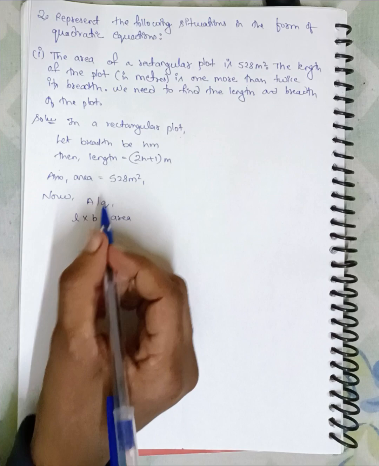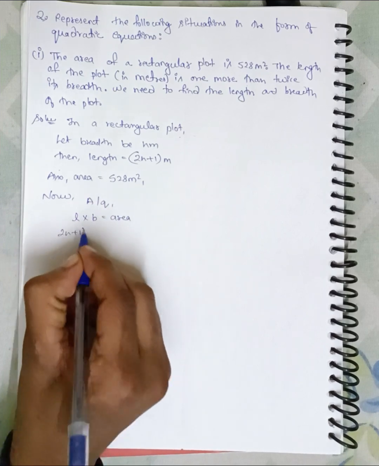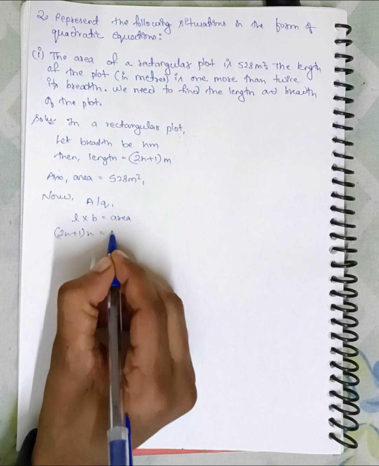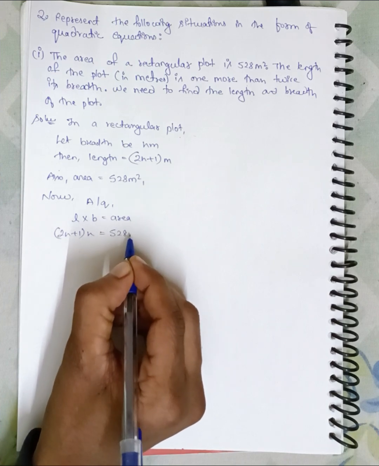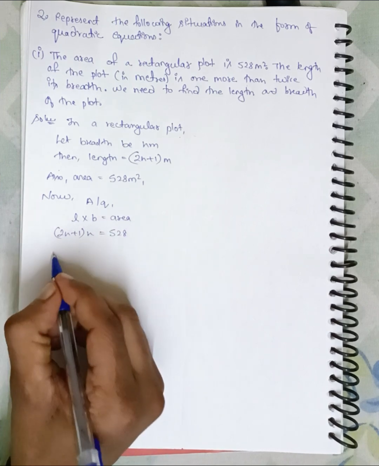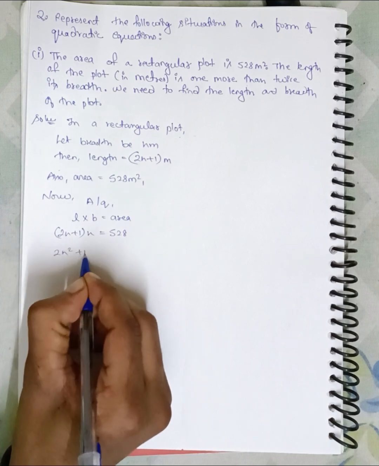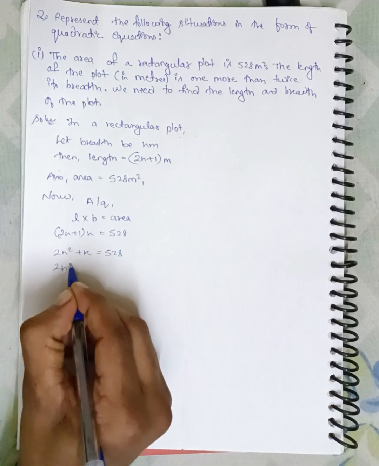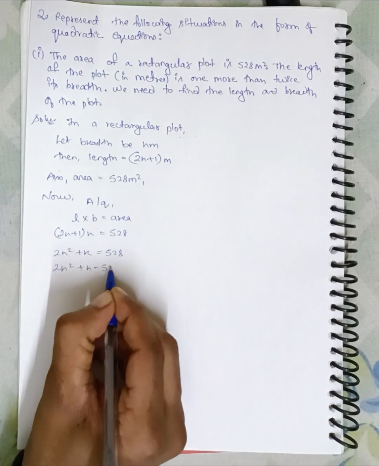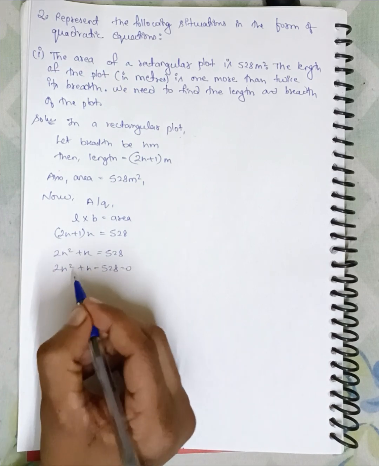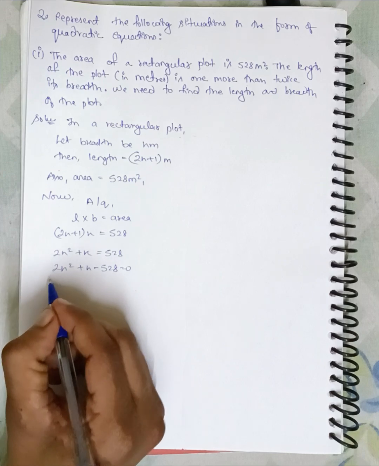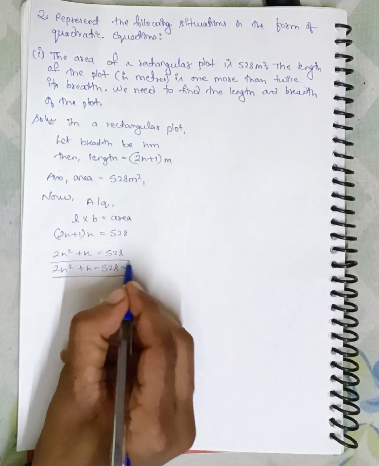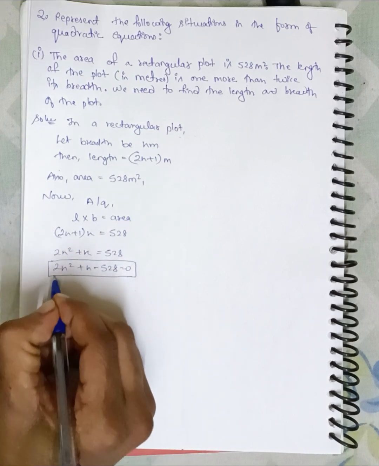So we have length as 2x plus 1 and breadth as x is equal to 528. Now we will solve this equation. 2x square plus x is equal to 528. 2x square plus x minus 528 is equal to 0. So this is the required quadratic equation from which we can find the length and the breadth.